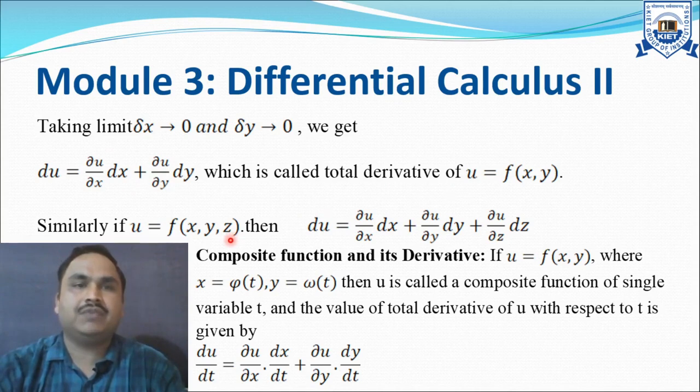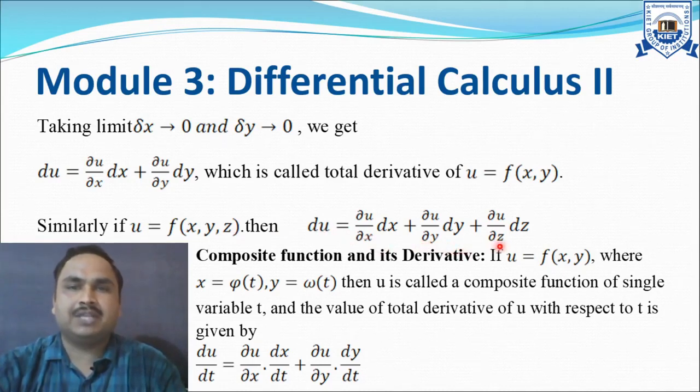Similarly, if u equals f(x,y,z), that is u is a function of x, y and z, then the total derivative du equals ∂u/∂x dx plus ∂u/∂y dy plus ∂u/∂z dz.